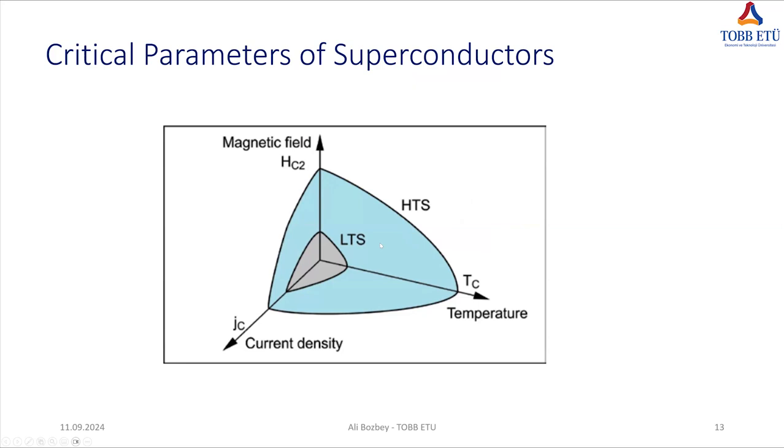So for a material to become superconducting, it should be below some critical magnetic field, below some critical current density, and below some critical temperature. So in this blue sphere, in this quadrant, the material is superconducting for the case of high temperature superconductors or type 2 superconductors, and for the case of low temperature superconductors, it has to be below this gray area.